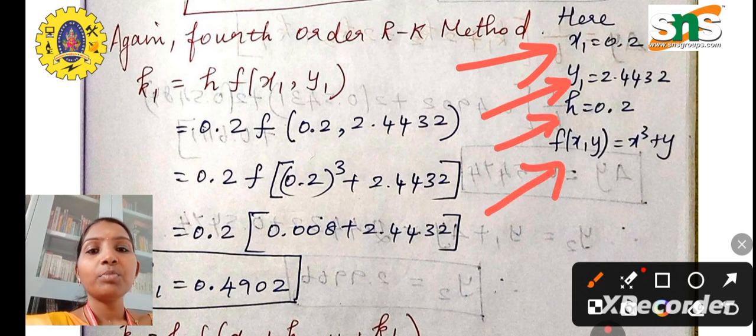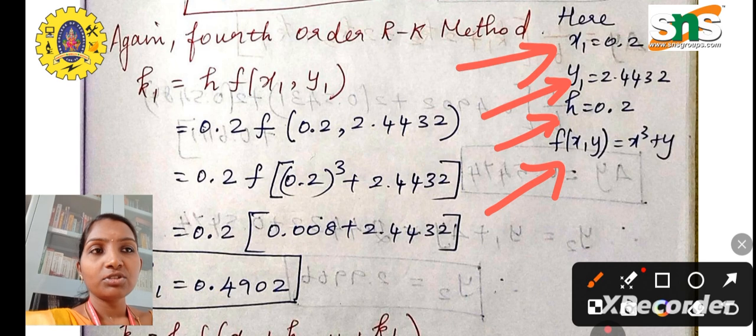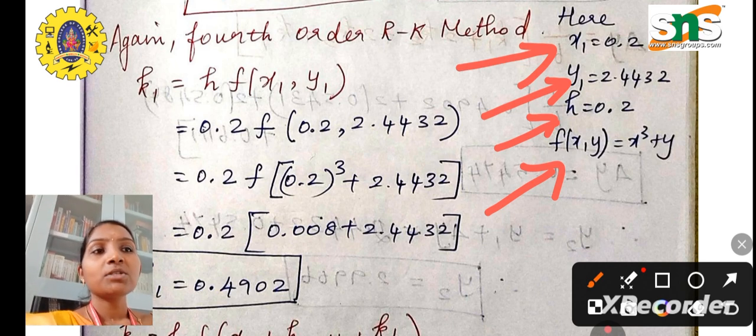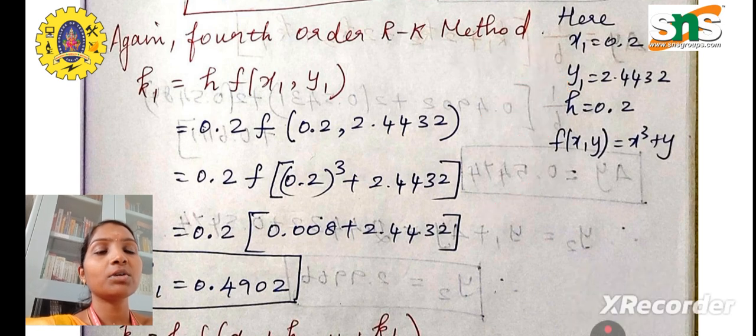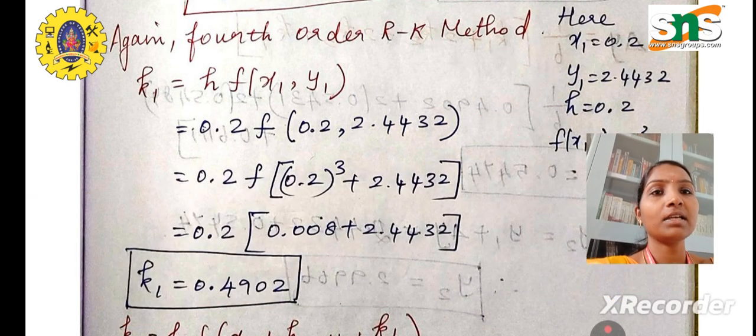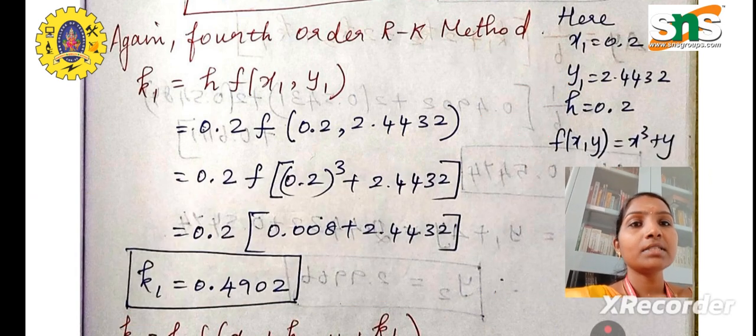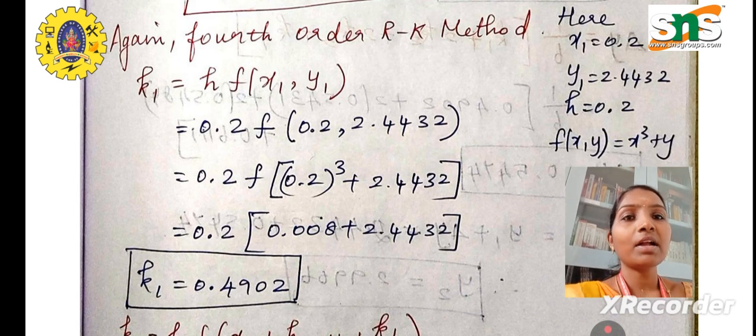These are the very important values to fix as a first step before moving on to the second iteration in Runge Kutta method. The initial condition changes because we have an incremented value in the previous step. So the first one will be x1 and the second one will be y1. H is equal to 0.2 and f of x comma y is equal to x cube plus y as discussed earlier.